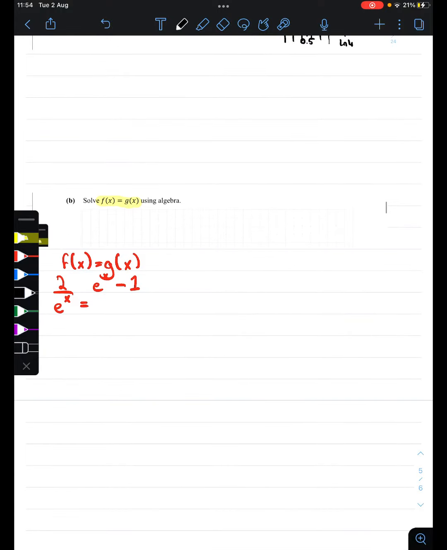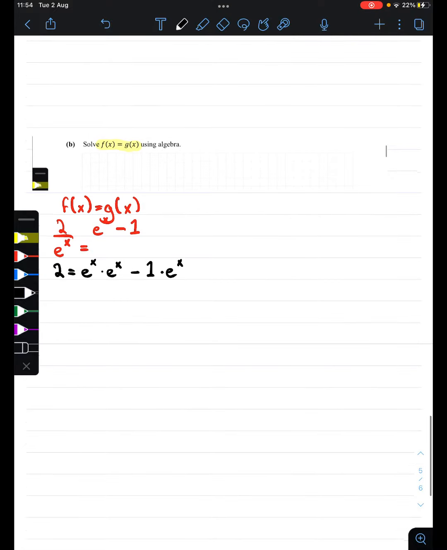So let's multiply by e to the x, and we get 2 equals e to the x by e to the x minus 1 times e to the x. Now, e to the x by e to the x is just e to the x plus x, which is just e to the 2x, just by using our rules of exponents, minus e to the x.